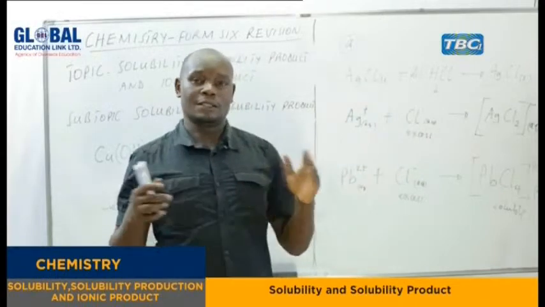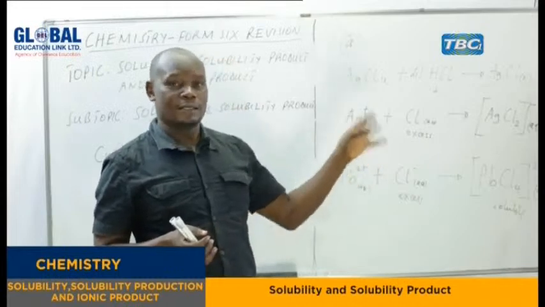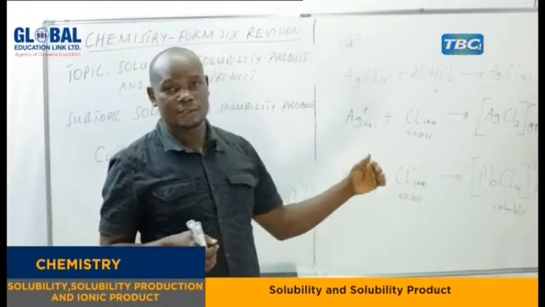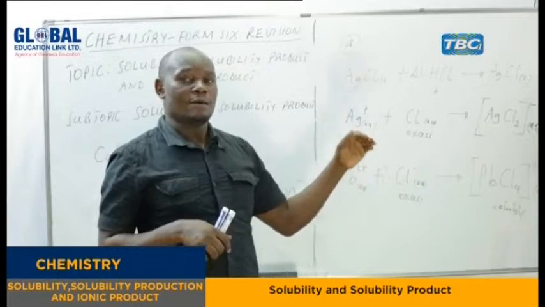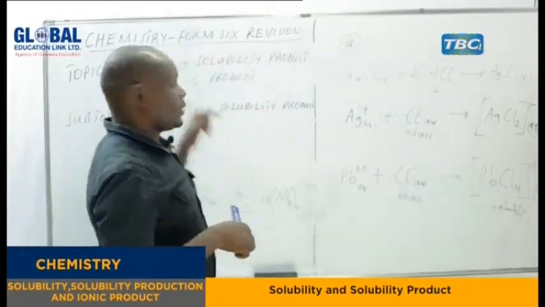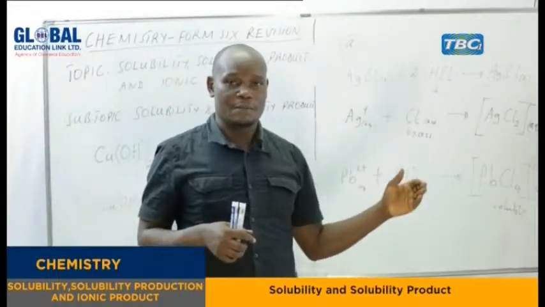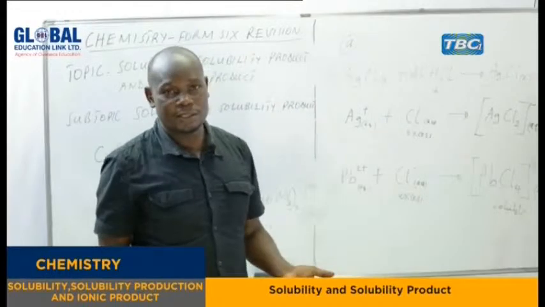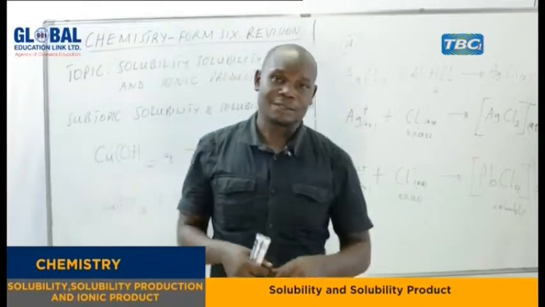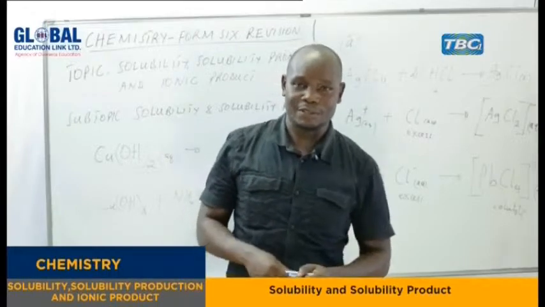So this is the end of our discussion for today. In the next lesson we'll discuss another subtopic, which is the ionic product. I'm sure you have enjoyed our discussion. Thank you very much for listening. See you next period.